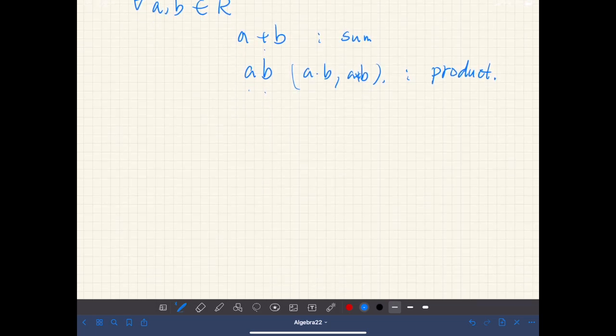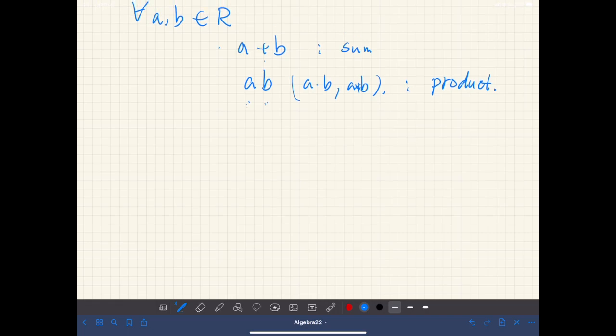Maybe we should just stick to saying product of a by b. But these are just meaningless notations at this moment, and we give some meaning by their behaviors. So first, we list axioms of addition.